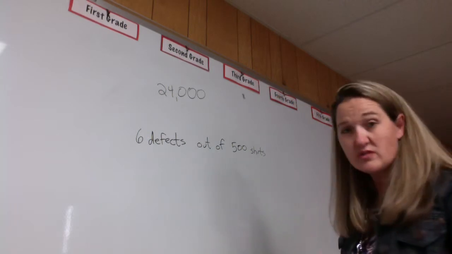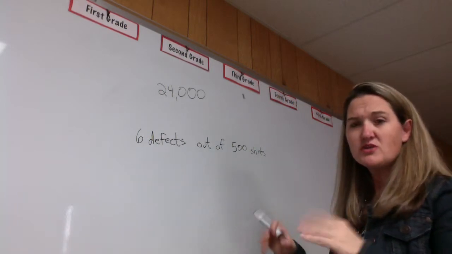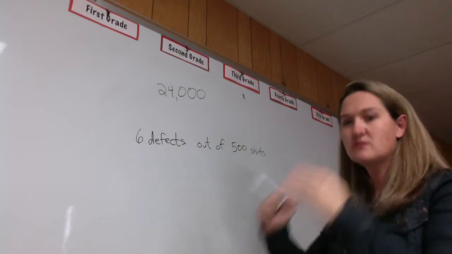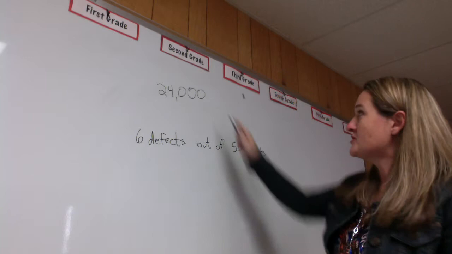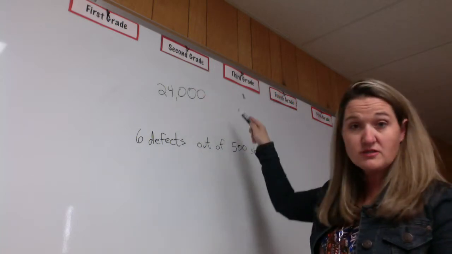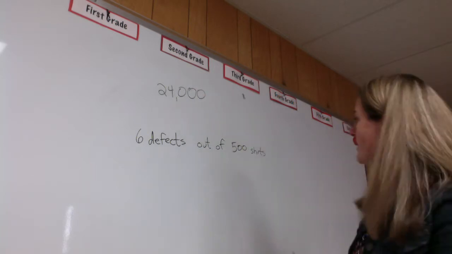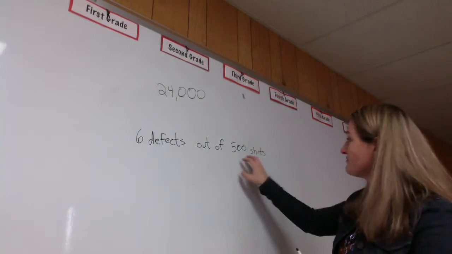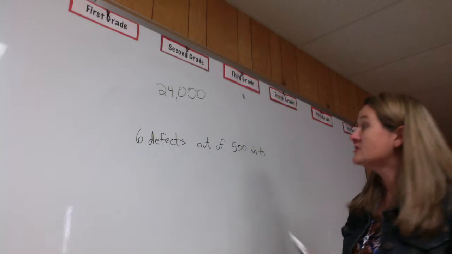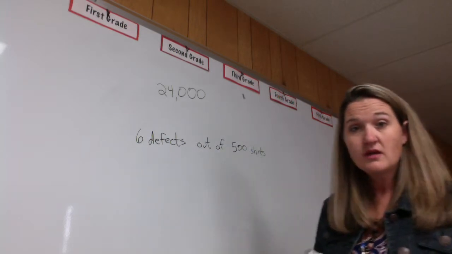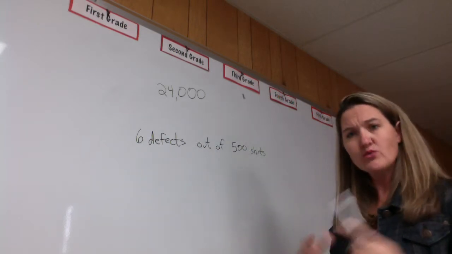What's the overall population? This company made 24,000 shirts. It made 24,000 socks. It made 24,000 pants, whatever. So the overall population, well, there's 24,000 shirts floating around. Now the sample is these 500 shirts that they just randomly pulled, and out of those 500 shirts, they had 6 defects. So we're going to use this.